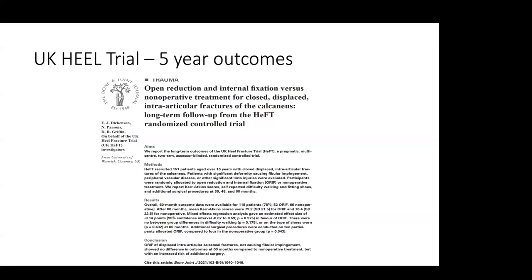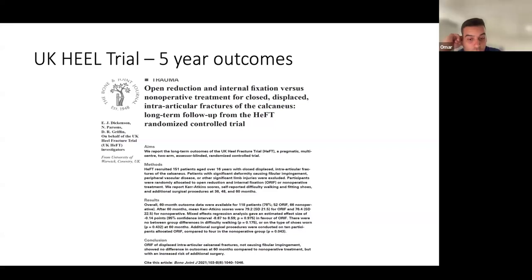A question, Omar, please. Do we need to have a single p-value in the whole study? Because here there are many p-values. Good question. You have to interpret, because remember, they looked at different outcomes. They report Kerr-Atkins scores, self-reported difficulty walking and fitting shoes, and additional surgical procedures.